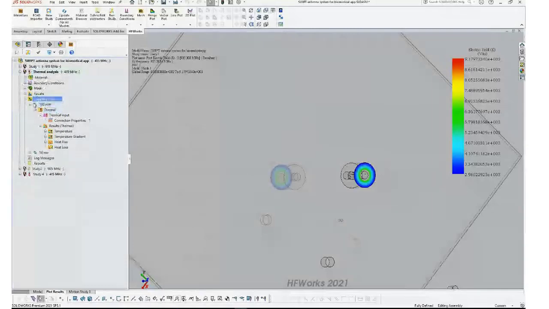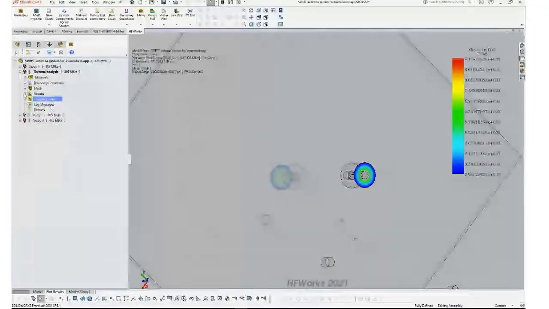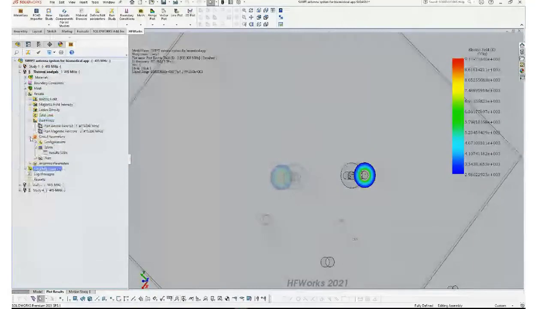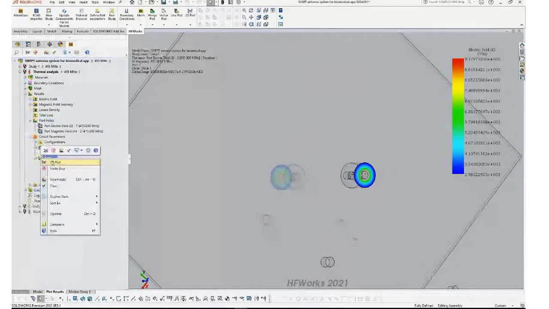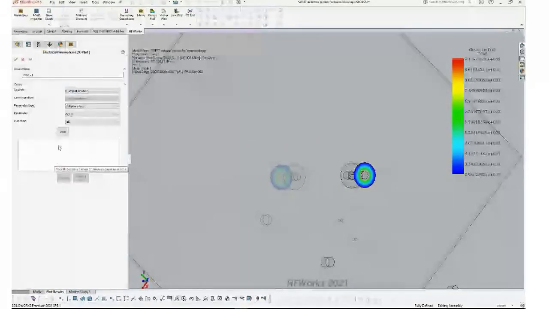The other question was about the charts. I presume you're talking about these S parameter plots. Let me show you how that is done. If I go here and say new plot, I want to do a 2D chart. This is the study called thermal analysis study, so I can get the S11 of that one.